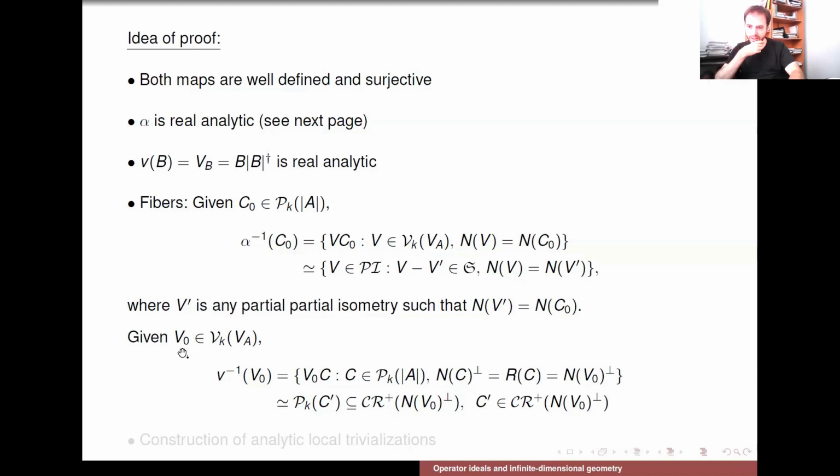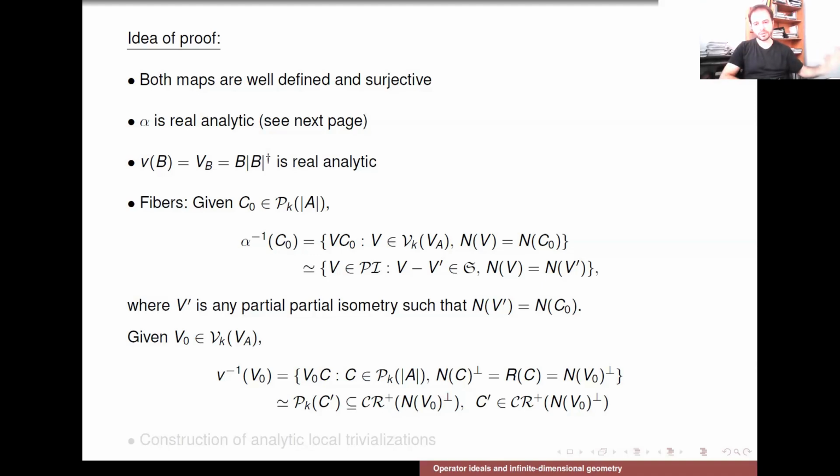Then we try here to understand the fiber of a fixed point V0 of the map V given by the polar factor. Now what is moving here are the positive operators, now denoted by this C, but they must satisfy this condition, by what we know about the uniqueness of the polar decomposition.